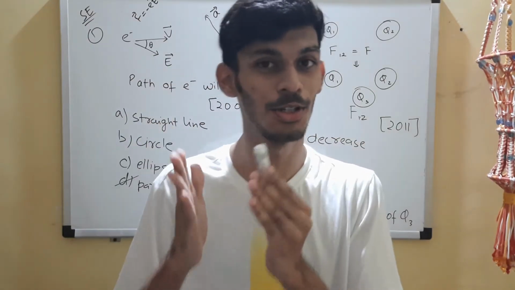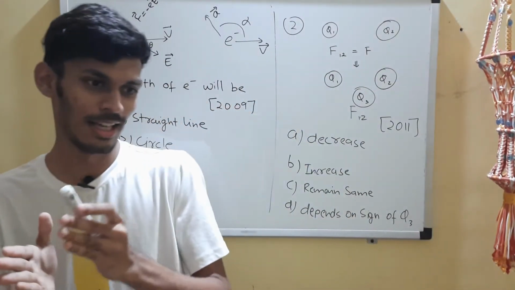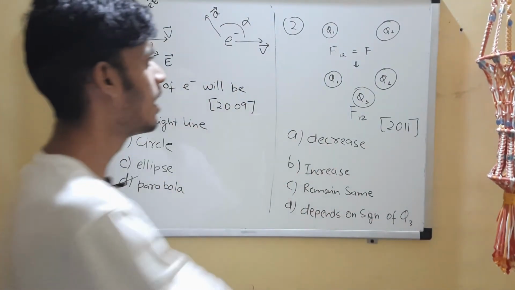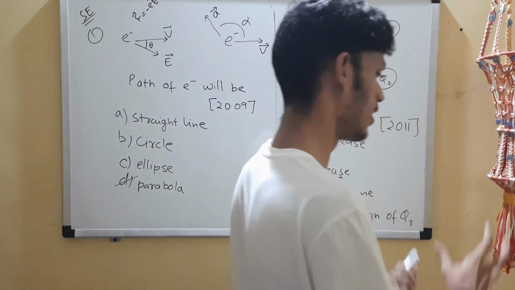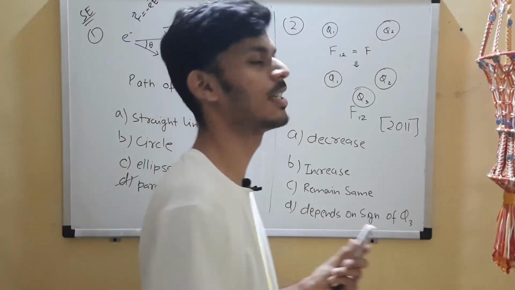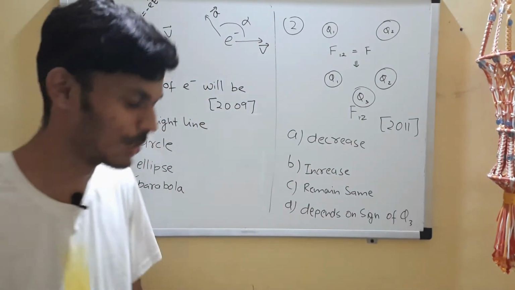It is based on your superposition theorem, or to be precise, on the next line of the superposition theorem. Your superposition theorem states that the net force on a charge is given by the vector sum of the forces by the other charges taken one at a time. But that is not what we are going to use over here.